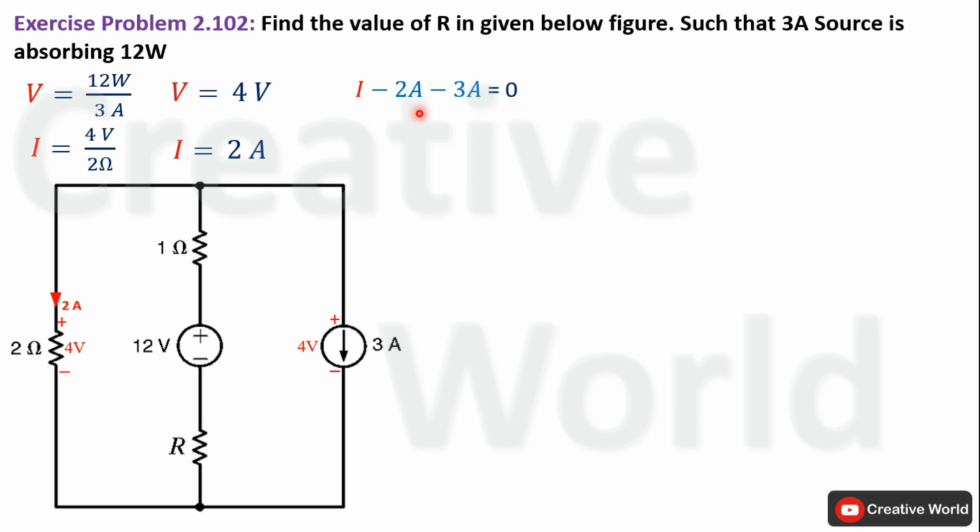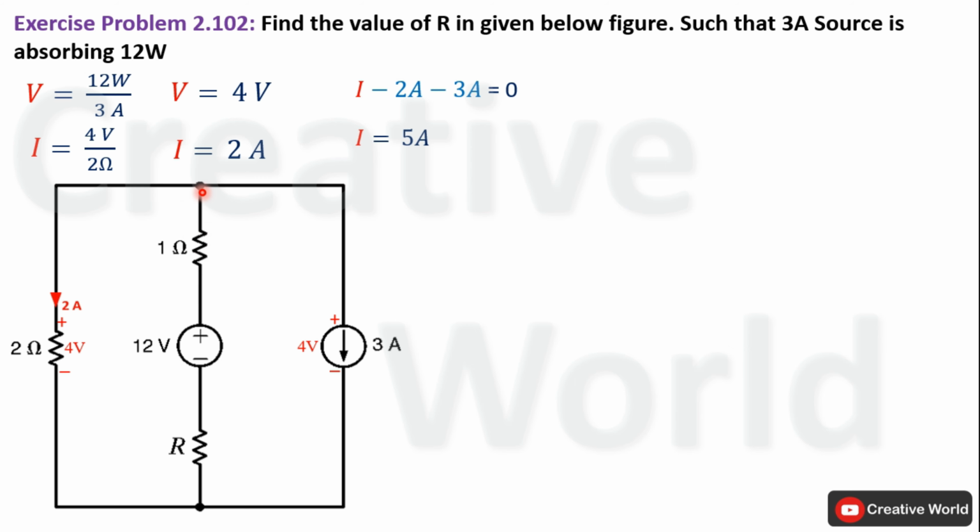Leaving currents are taken with negative sign and entering current is taken with positive sign. Now add minus 2 ampere and minus 3 ampere together, it will become minus 5 ampere. Place this minus 5 ampere on the other side of the equal sign to calculate the value of I, that will be 5 ampere. So 5 ampere current will be flowing through this branch in upward direction, entering towards this node.